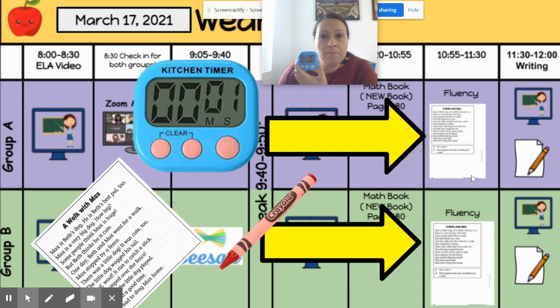So again, you are going to set your timer for 1 minute, practice reading it, and hit start. Start your timer, read as far as you can get, and put a slash by that last word you read once it beeps. So this is what you have to do during the 10:55 to 11:30. So maybe do a practice round with no timer reading and then time yourself, okay?